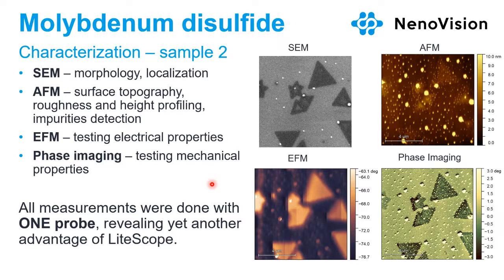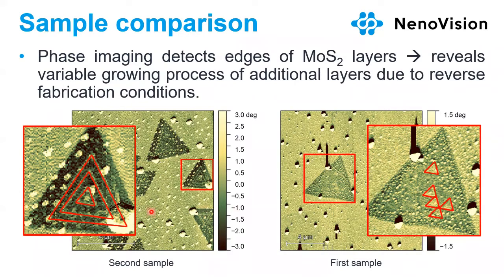But if we have a closer look at phase imaging, we can see the edges of molybdenum disulfide layers visible here. We made it bigger to see. And what's interesting is that the fabrication conditions were different on each sample.